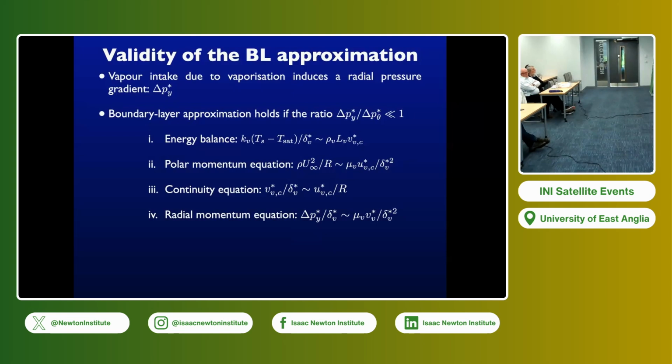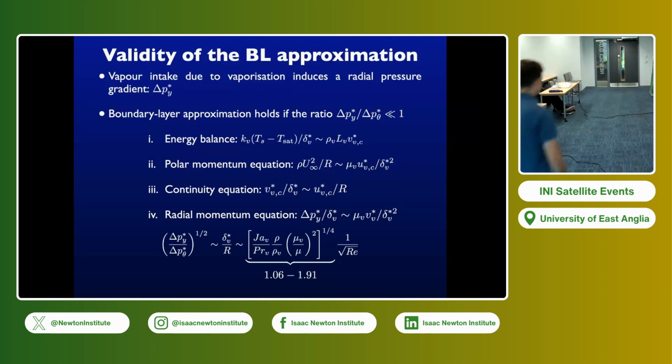The same balance can also be employed in the radial momentum equation, and combining all these four balances, we can estimate the ratio of the radial pressure gradient to the polar pressure gradient. This is basically a prefactor, which in the experiments considered goes roughly from 1 to 2, divided by the square root of the radius, ensuring the validity of the boundary layer approximation.